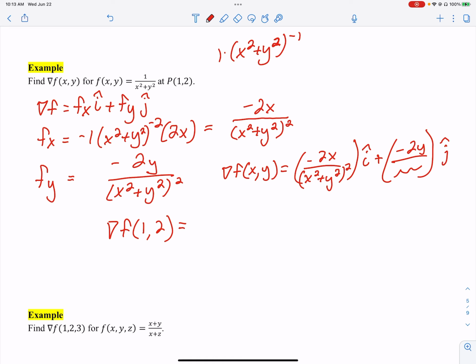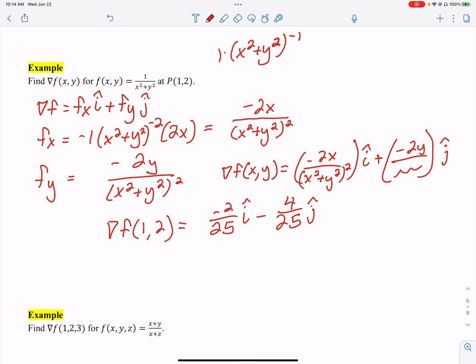All right, so we have that, and now I'm just plugging in those values. I plug in 1 and 2. We get 1 squared plus 2 squared is 5. 5 squared is 25. So I get a 25 on the bottom, but a 1 up top makes a -2 i. Minus, okay, I plug in y there. I know the bottom is still 25 because it's the same thing, but I plug in 2 there and I get a 4. This is j.